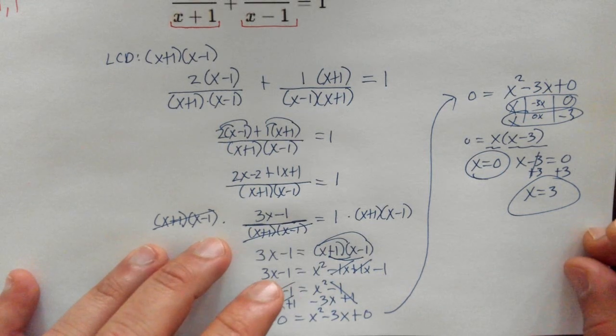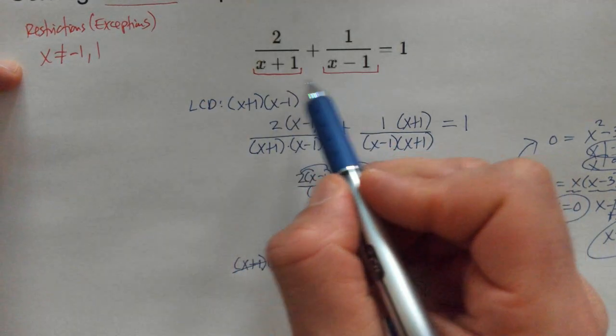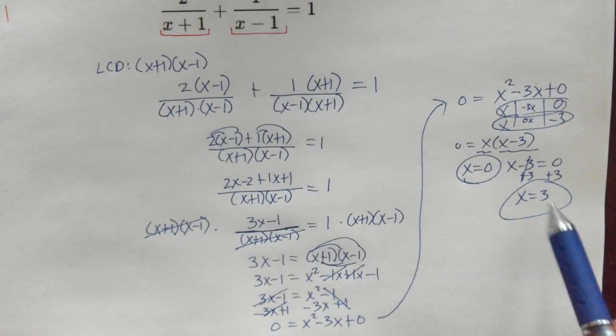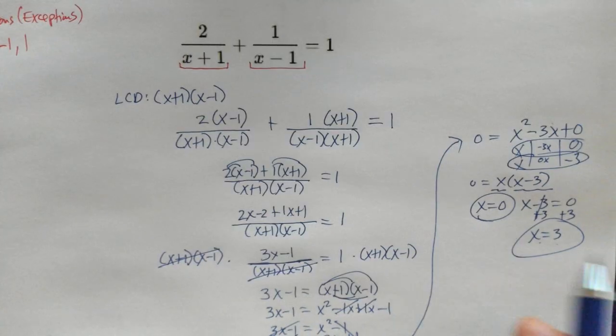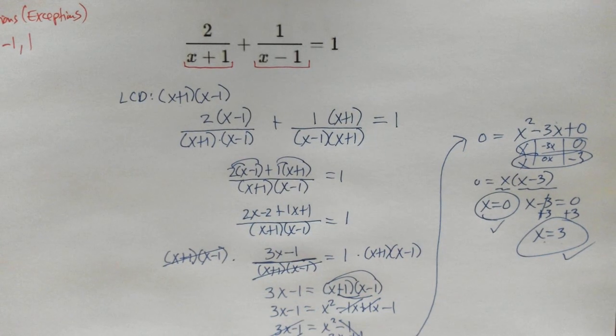Now I gotta always go back and check my restrictions. Remember that my answers cannot be negative 1 or 1, because that creates an undefined solution. Thankfully, neither of these are part of my restriction. So they're both acceptable as my solution. I have two solutions here, x equals 0 and x equals 3.